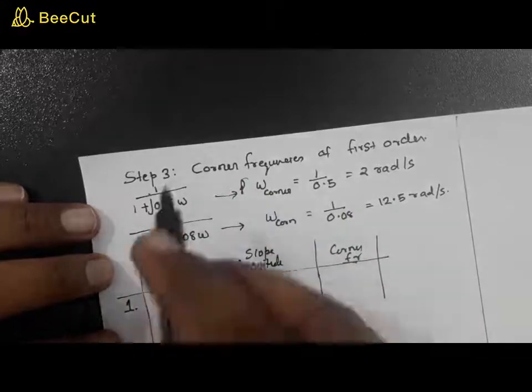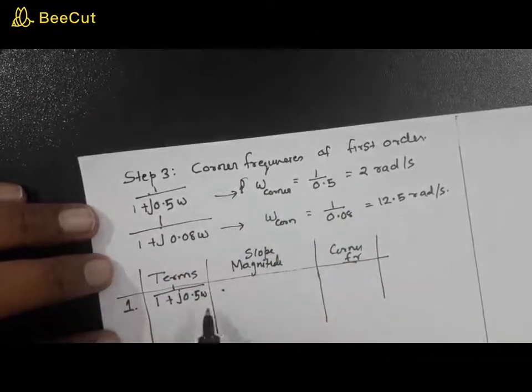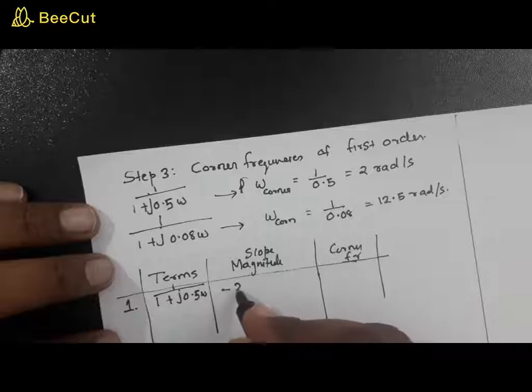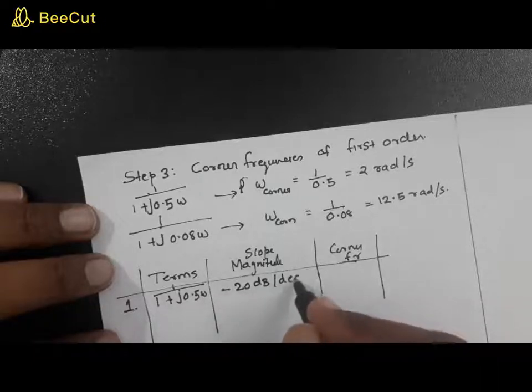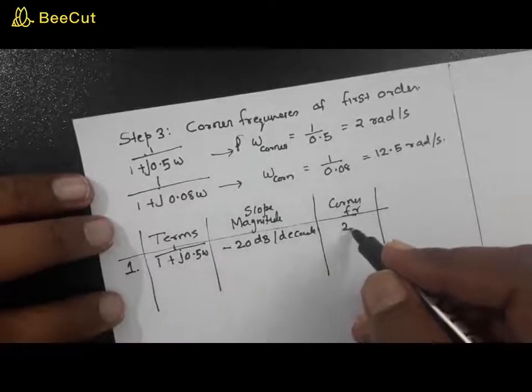The first term will be 1 by 1 plus j 0.5 omega. We have seen yesterday itself that it always offers a slope of minus 20 dB per decade, and the corner frequency of this term is 2 radians per second.